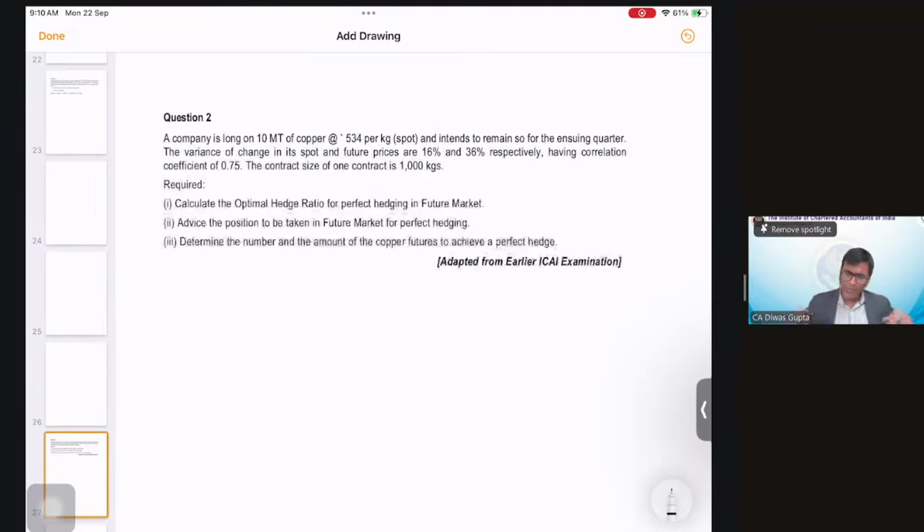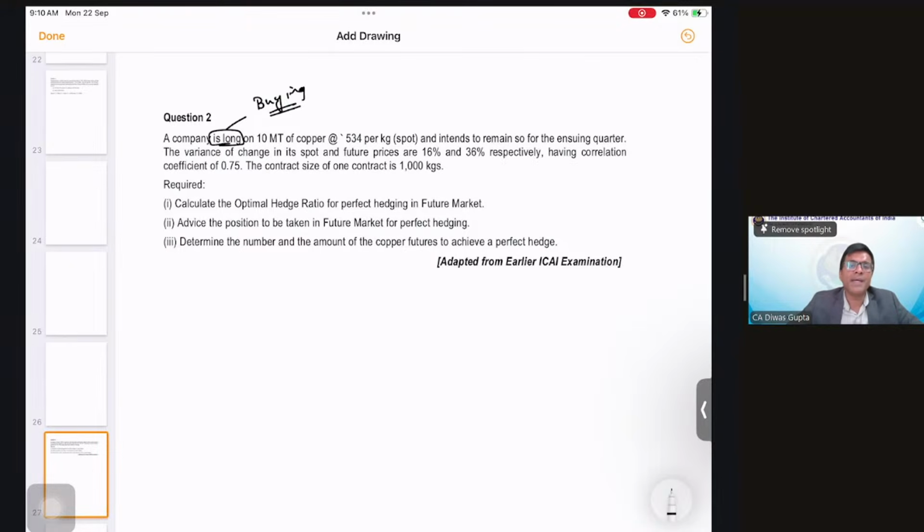Now let's come to the second question. A company is long on 10 metric tons of copper. So what do we mean by long here? Long means selling. No, buying, sorry. Long means it's in a buying position. Short means selling. So the company is in a buying position.